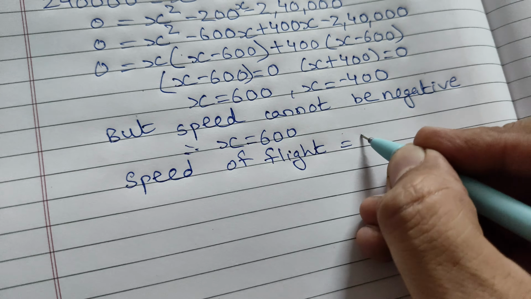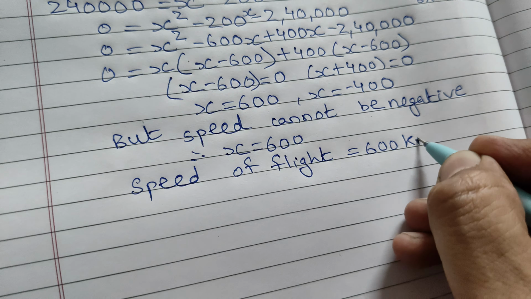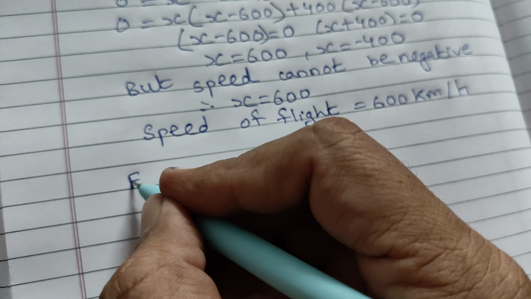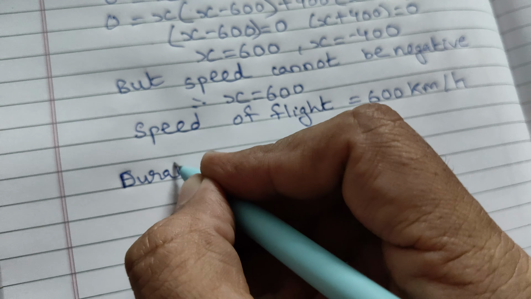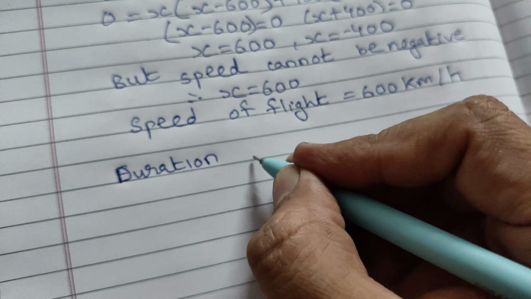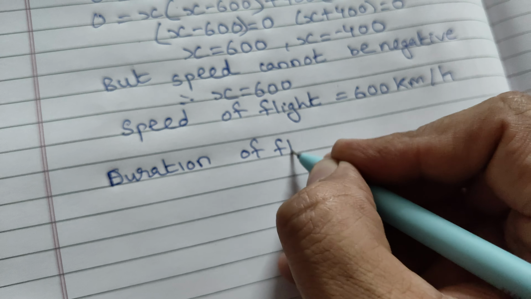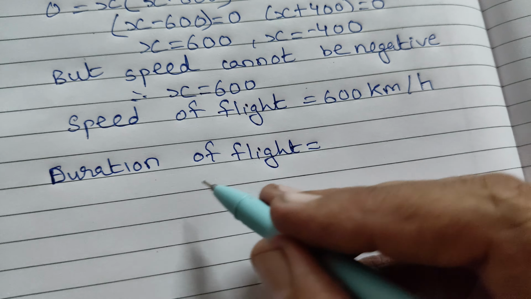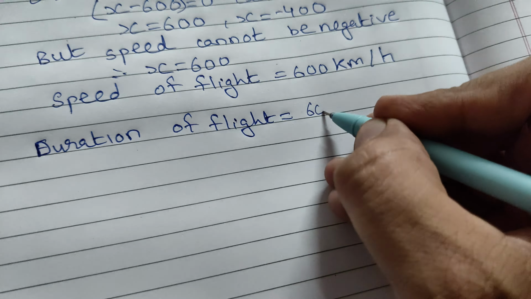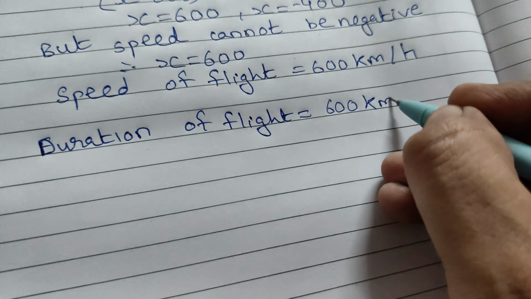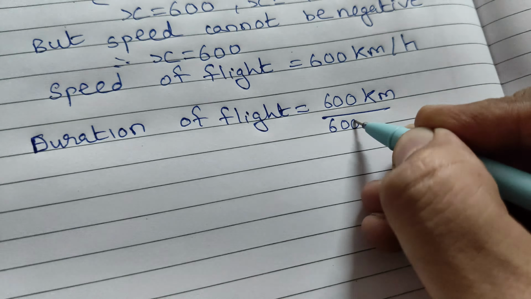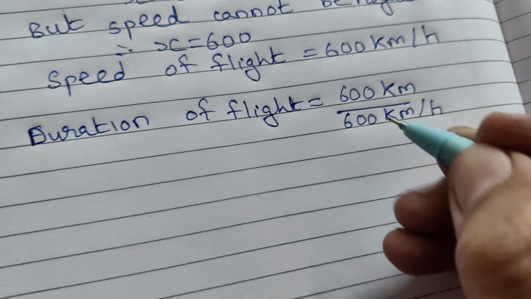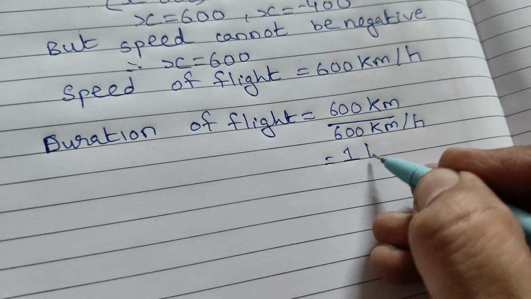But listen, we need to find the duration. Duration मतलब time. कितना time flight ने लिया? So duration of flight, time equal to distance upon speed. Distance was 600 kilometers and speed was 600 kilometers per hour. 600 cancels. Answer is 1 hour.